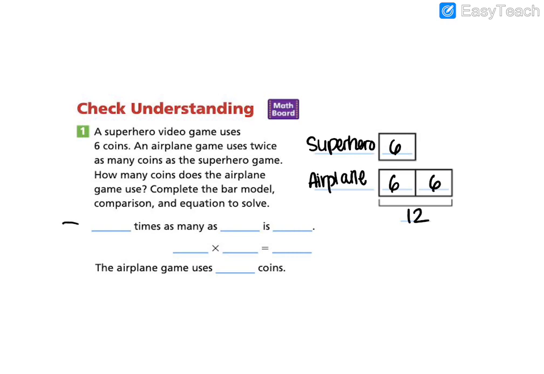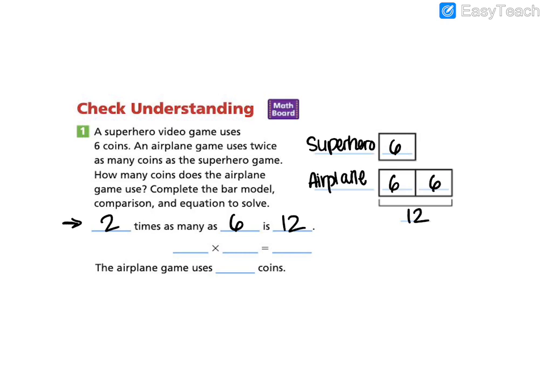So now it's asking us to complete this comparison just like we did. 12. We have 2 times as many as 6 is 12, right? Because we're saying there's 2 times as many as he did in the first game. The first game uses 6. 2 times as many as 6 is 12.